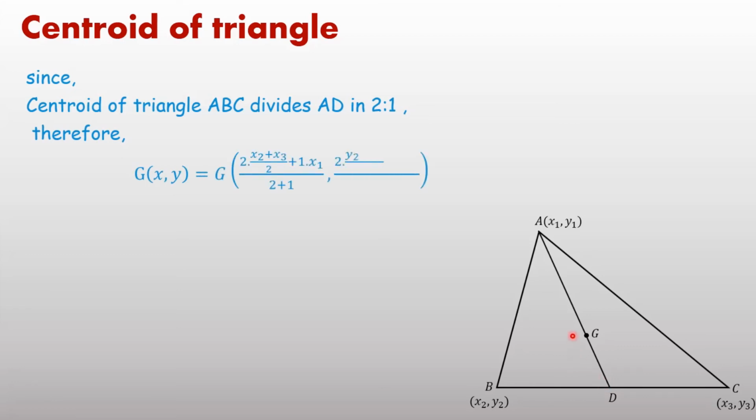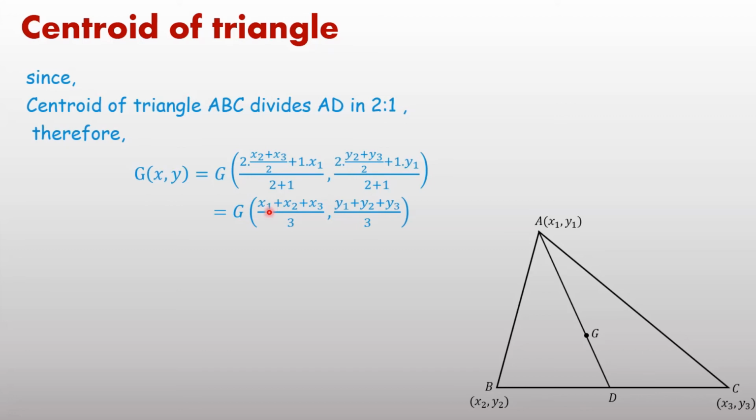Therefore, we can write the coordinates of G using the section formula. Since AG upon GD is 2 is to 1, apply the formula: 2 into the x coordinate of point D, that is (x2 plus x3) by 2, plus 1 into x1, upon 2 plus 1, comma 2 into the y coordinate of point D, that is (y2 plus y3) by 2, plus 1 into y1, upon 2 plus 1. 2 into (x2 plus x3) by 2 cancels out, giving x2 plus x3 plus x1 upon 3, and y2 plus y3 plus y1 upon 3.